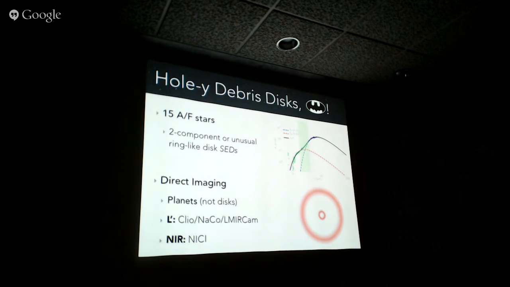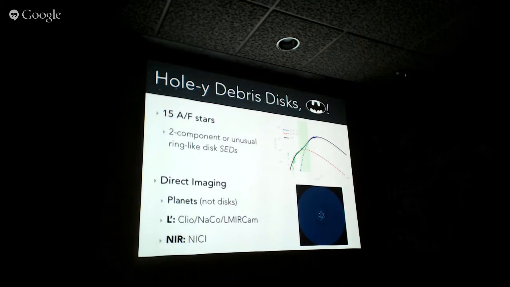What we're very much hoping is that if we have a population of SEDs that look like they have gaps or are otherwise truncated in unusual locations, so here I've got my SED and a cartoon of what that system might look like, and we use direct imaging, like with MMT, Clio, Niki, Magellan, VLT, one of these high contrast adaptive optics systems, then we're going to see a little point source here at a location that's consistent with sculpting the inner edge of that cold debris disk and clearing a gap.